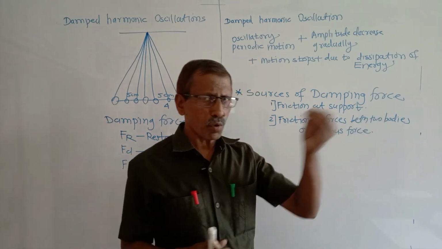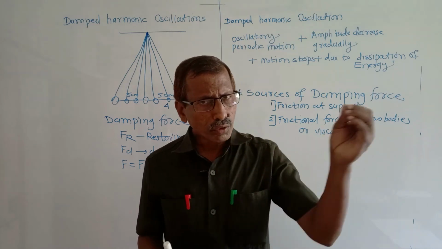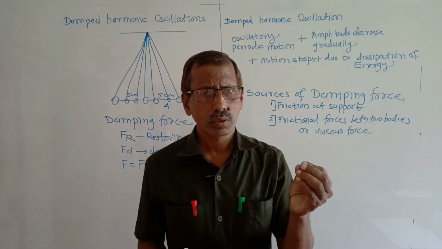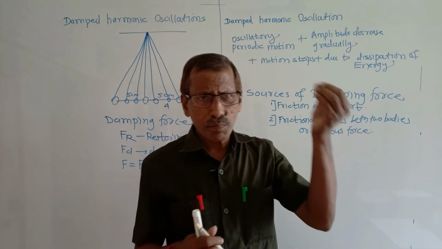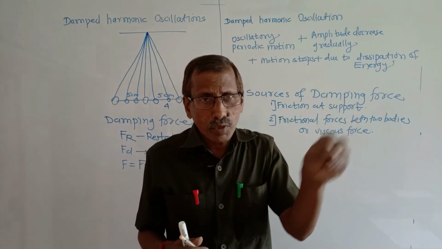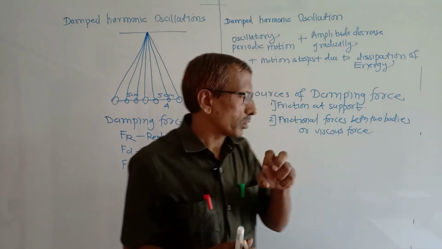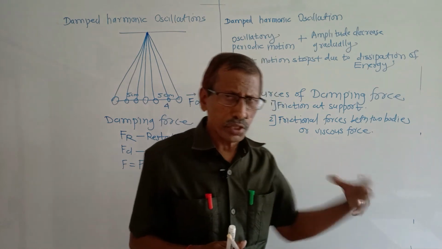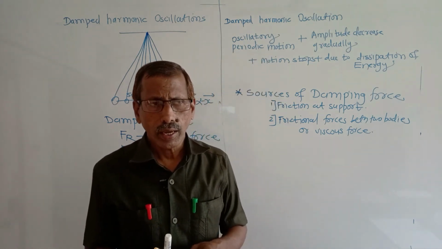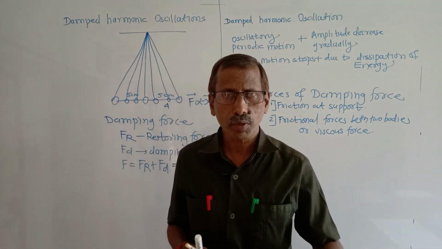When the body performs motion, there is an opposition due to the damping force. But in order to overcome the damping force and to perform the motion of the body, some energy is used from the system of the body to overcome this damping force, and this appears in the surrounding in the form of thermal energy.